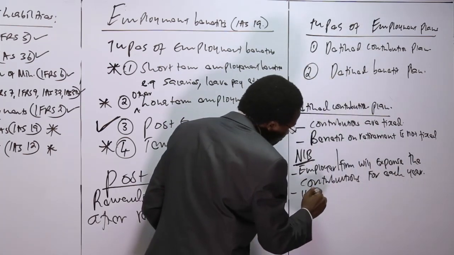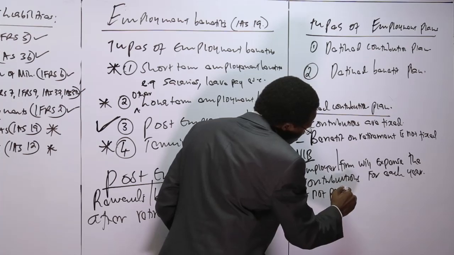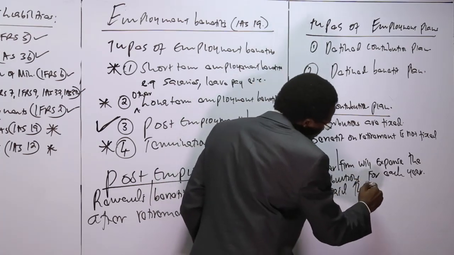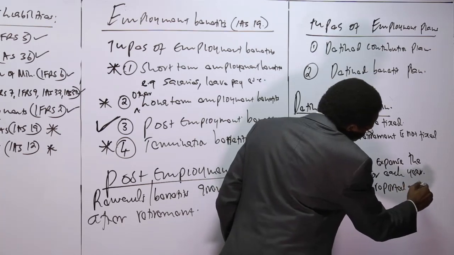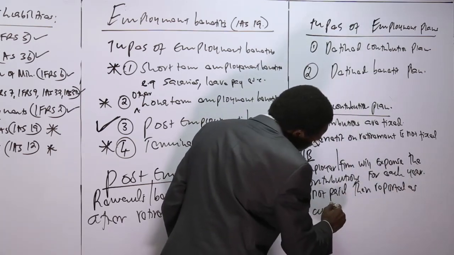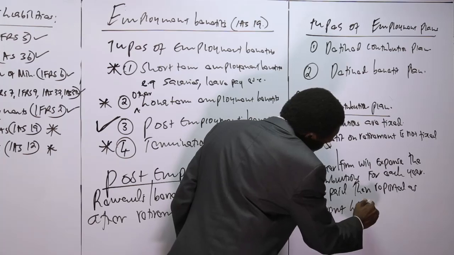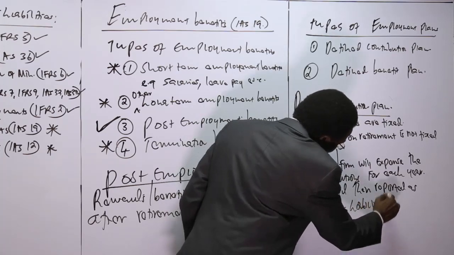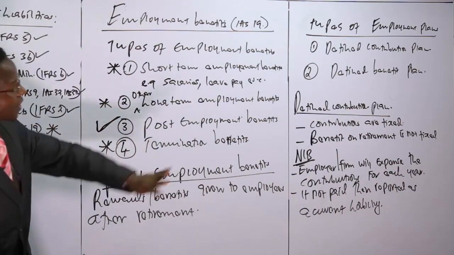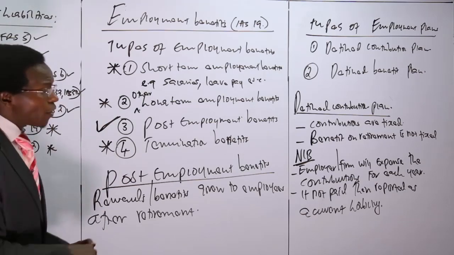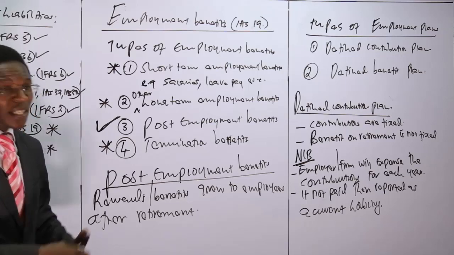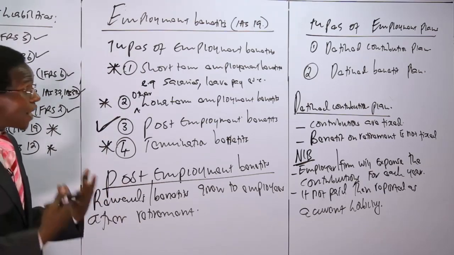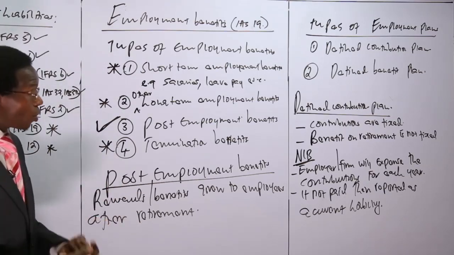If not paid, then reported as a current liability. And that is easy like that. So that is a very straightforward way of dealing with the defined contribution plan, and it does not have any complication at all.